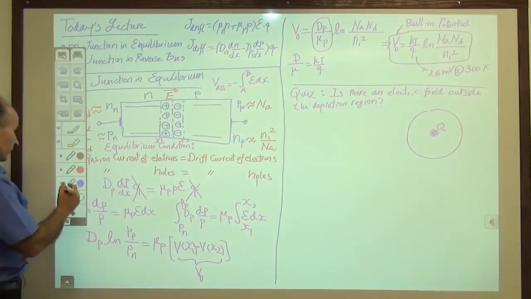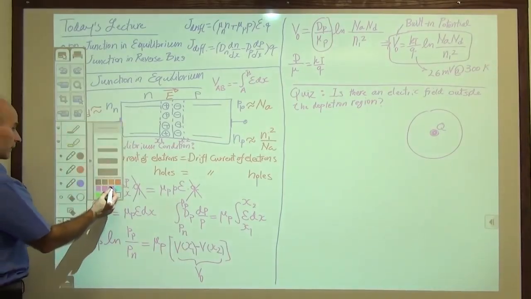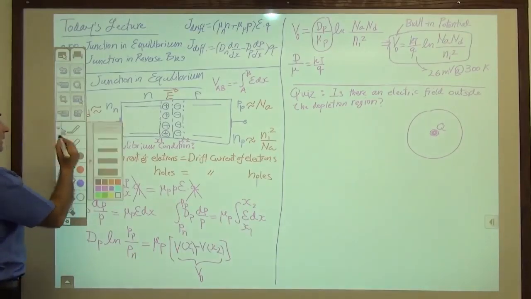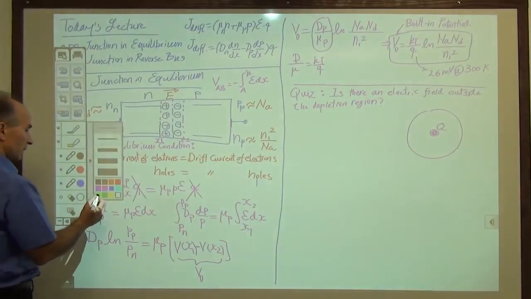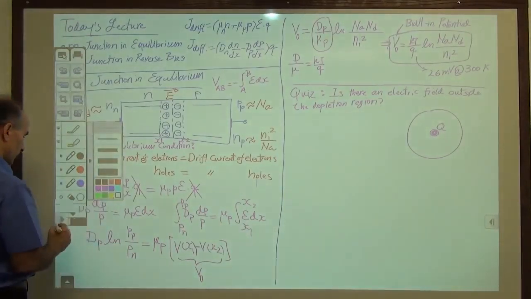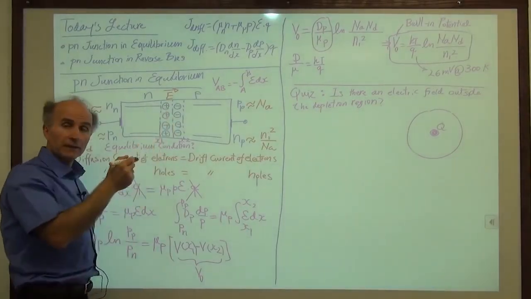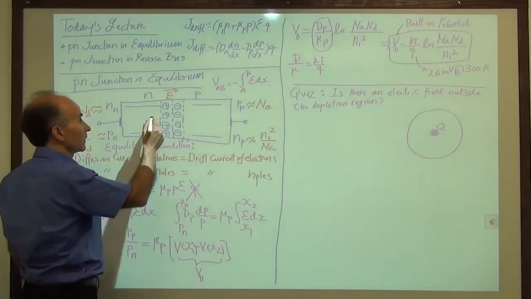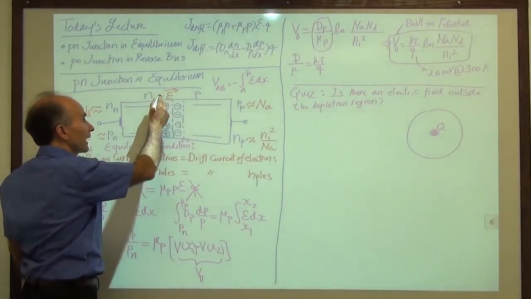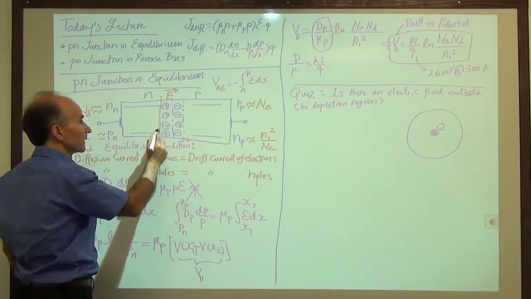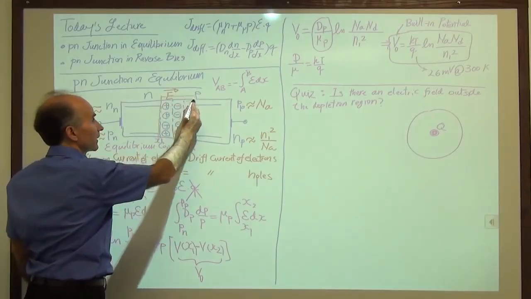So let's change the color of the pen. Actually, I need a different color. Let's see if I can go to orange. Okay, so I will take a Gaussian surface like so. I will put one edge here and another edge over here.